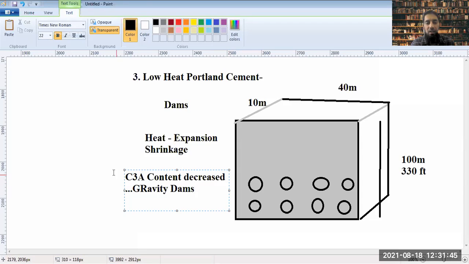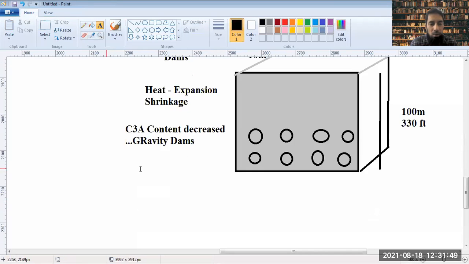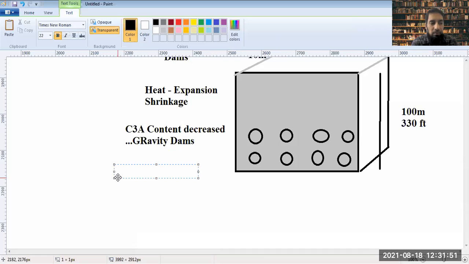The initial heat of hydration, which is quite rapid initially, is decreased. So you also keep a low content of C2S, such that the strength also is achieved late.